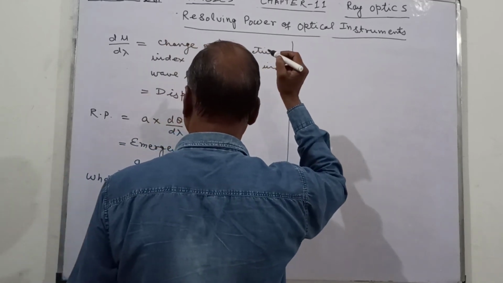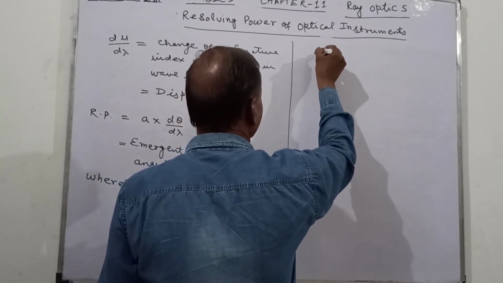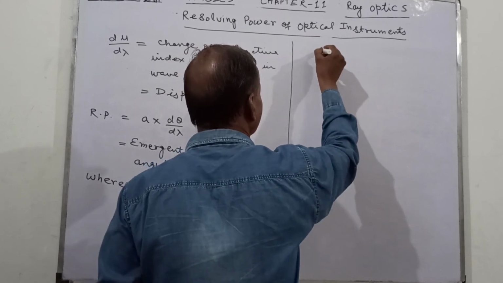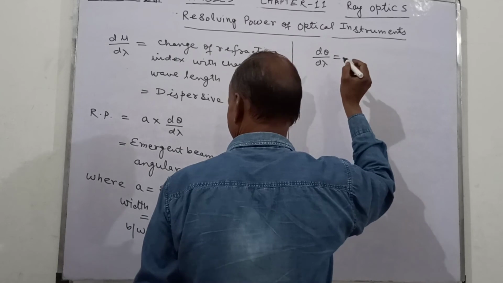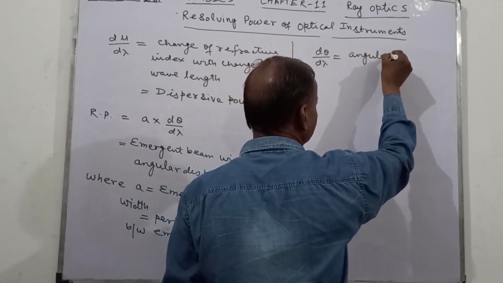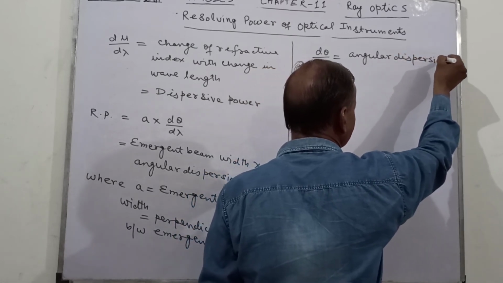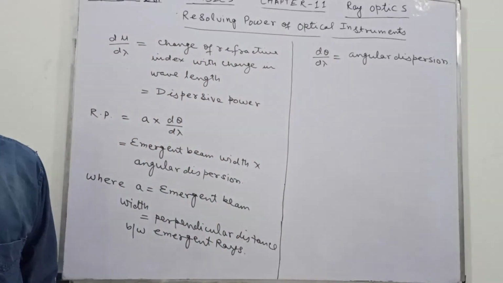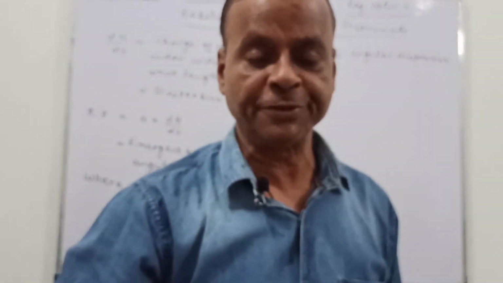And d theta upon d lambda is the angular dispersion. So this is about the resolving power of the prism.